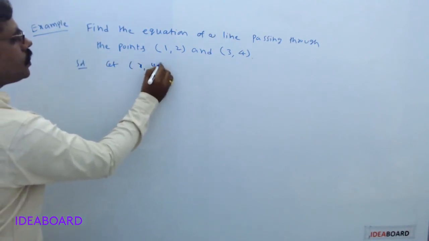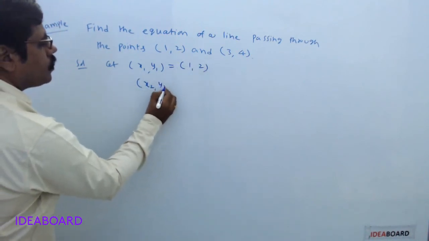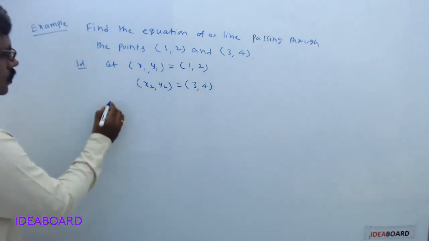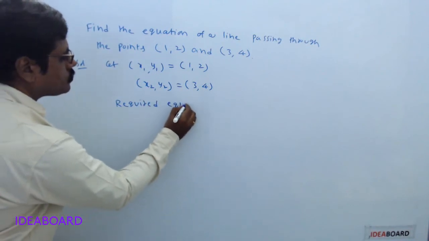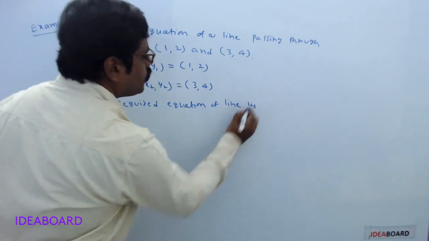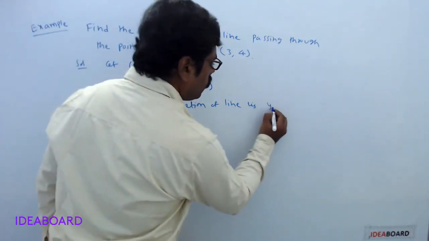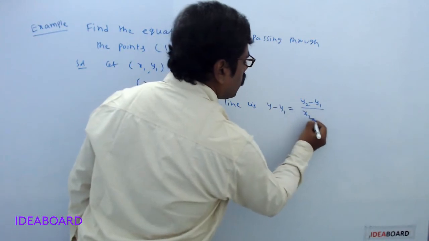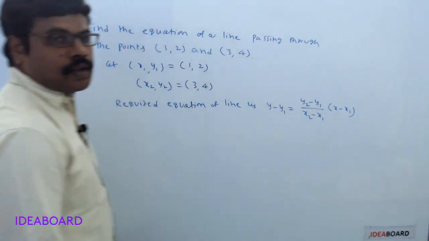Let (x1, y1) equal (1, 2), (x2, y2) equal (3, 4). So therefore the required equation of line is, the line passing through these 2 points, given by the formula y minus y1 equal to y2 minus y1 divided by x2 minus x1 into x minus x1.